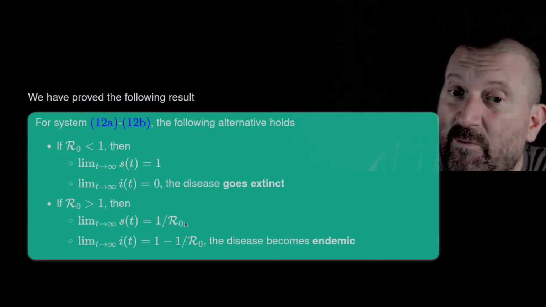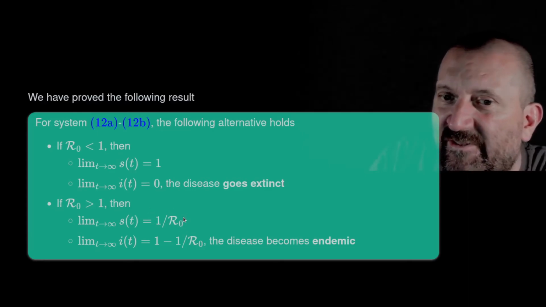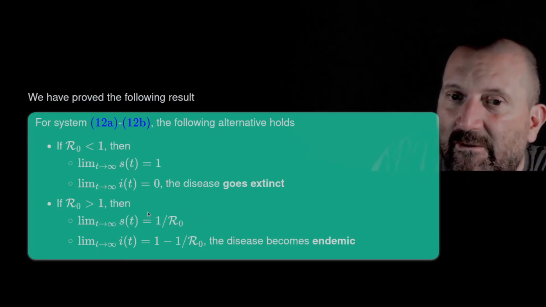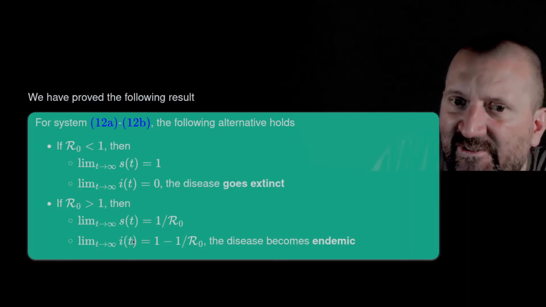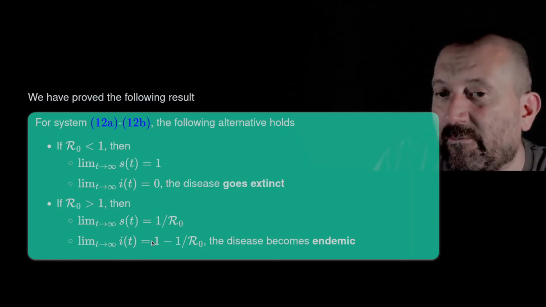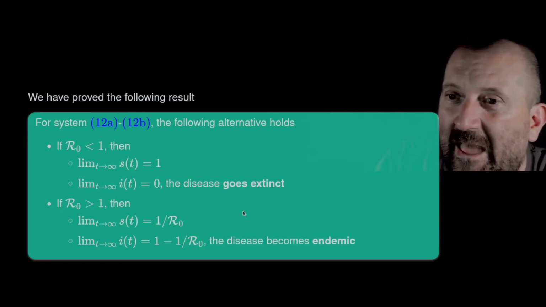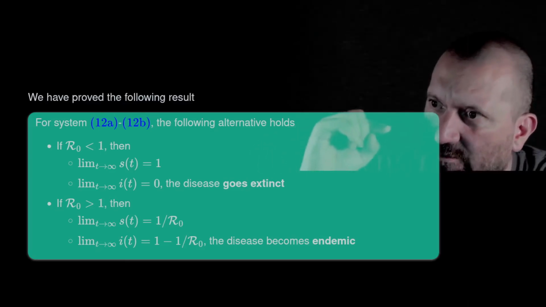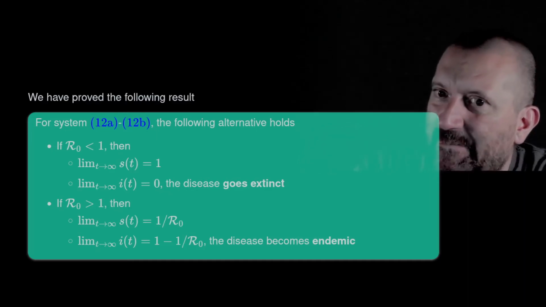Remember, these are proportions of susceptibles and infectious, and R0 is larger than 1, so this is smaller than 1. Okay, so the proportion of susceptibles goes to 1 over R0, and the proportion of infectious goes to the complement to 1 of this quantity, so 1 minus 1 over R0. And in that case, the number of infectious goes to a positive limit. So the disease is now endemic.